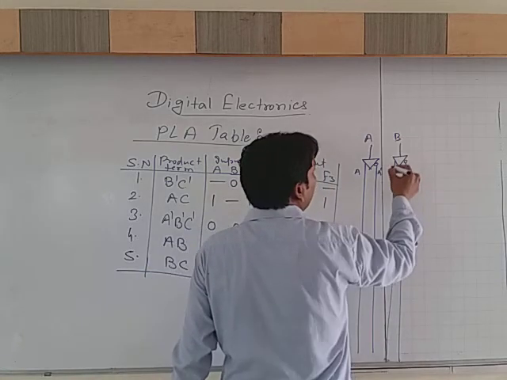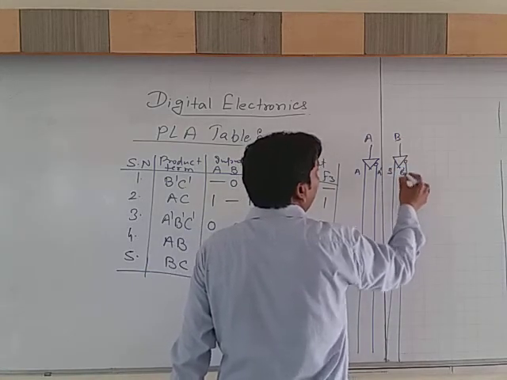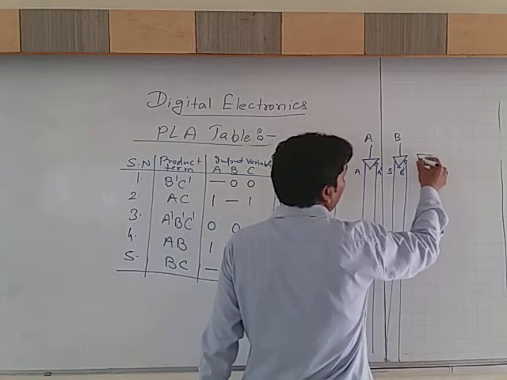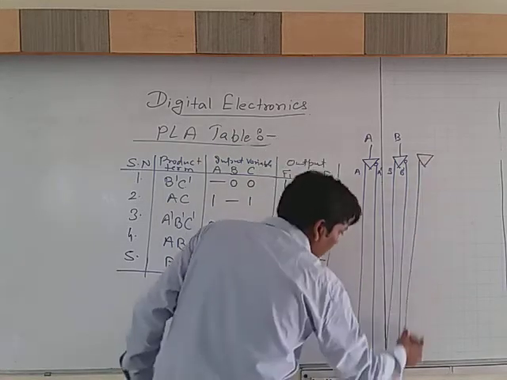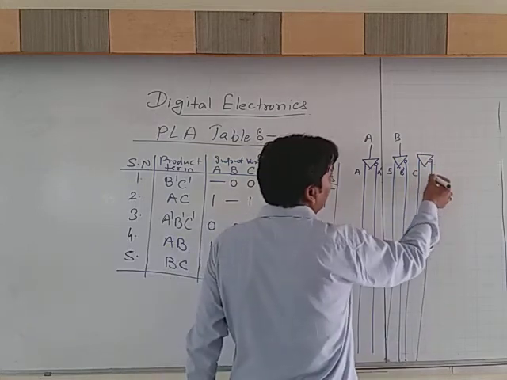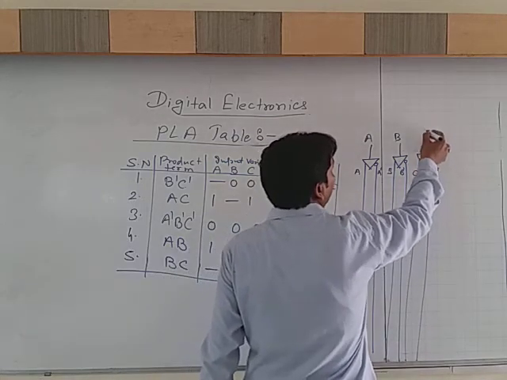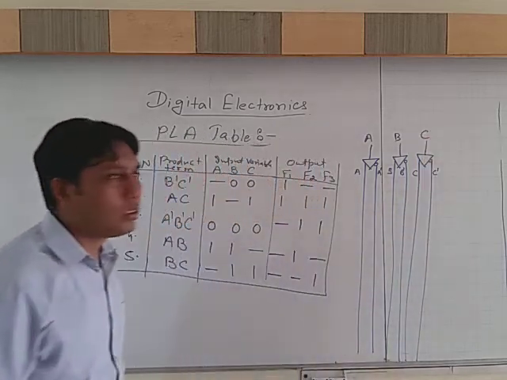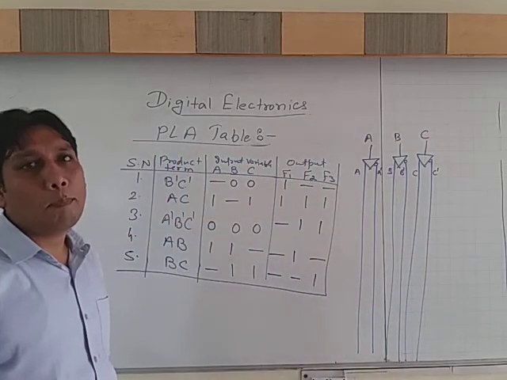This is B. Here we have B, here B dash. For C we have C and C dash. This will give us C and it will give us C dash. So this is the input buffer structure.